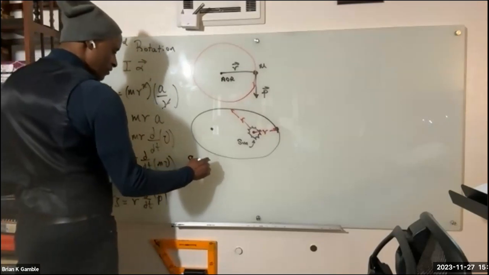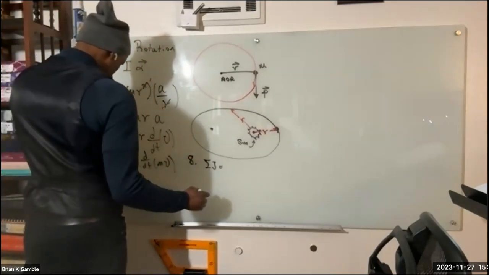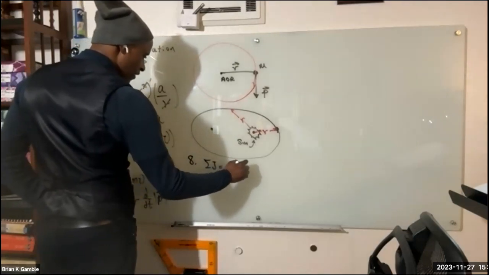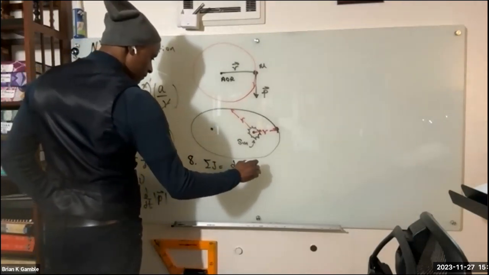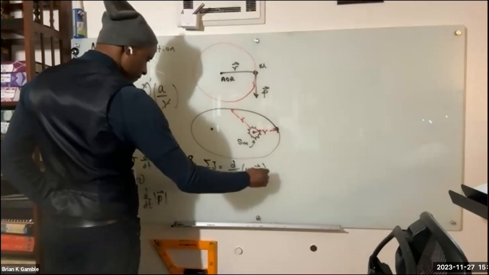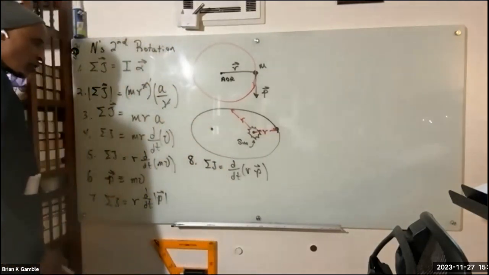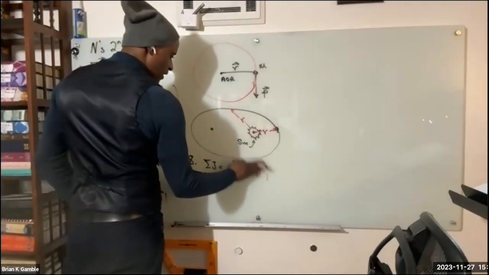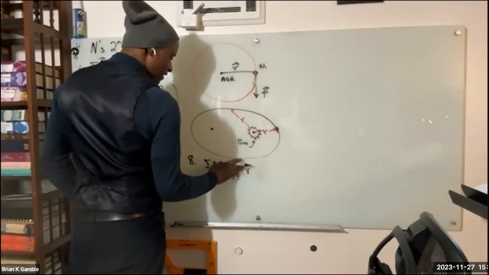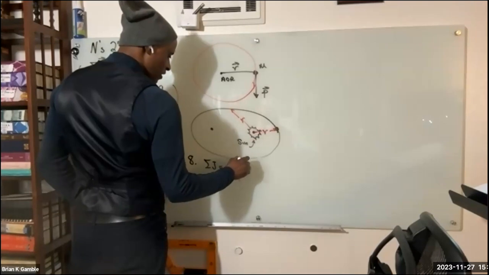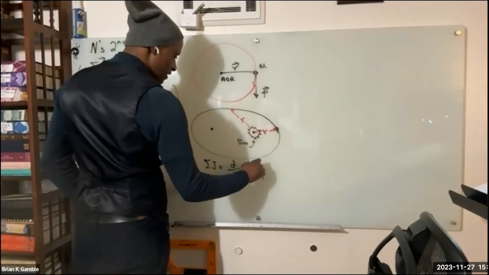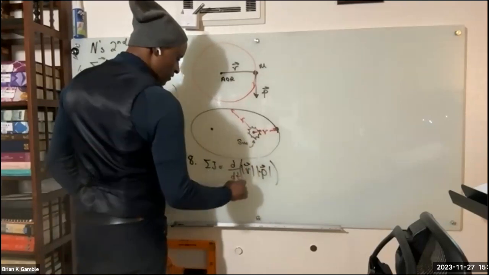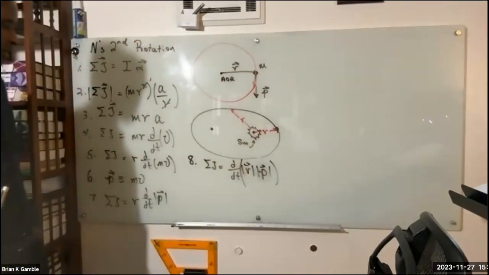So we have that the net torque is equal to the time rate of change of rp. And the other thing is that both of these are vectors. So since they're vectors, we have to decide whether the product is a cross product or a dot product. We can't just multiply them together indiscriminately like we did back in high school or before calculus, I'll say.